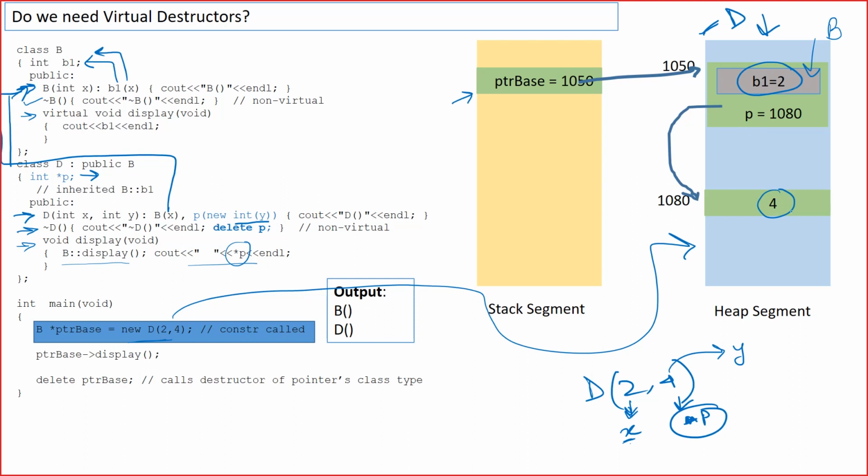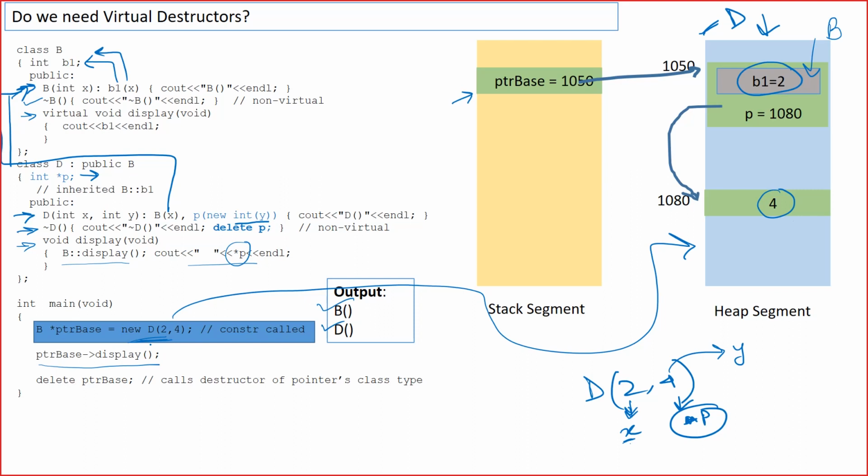Fine. Once we do this creation, we know that constructors are called automatically. So you understand how they are created: first the base class constructor and then the derived class constructor. This much we know. Now if we consider this display, what will it display?